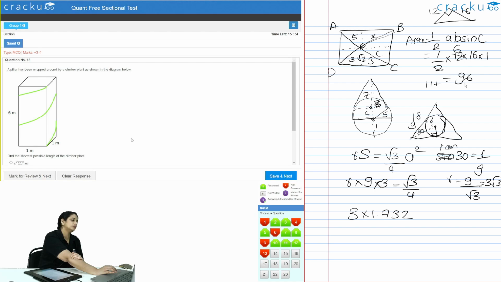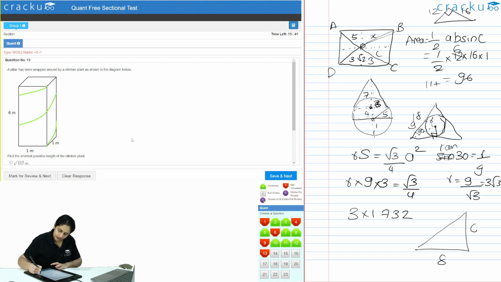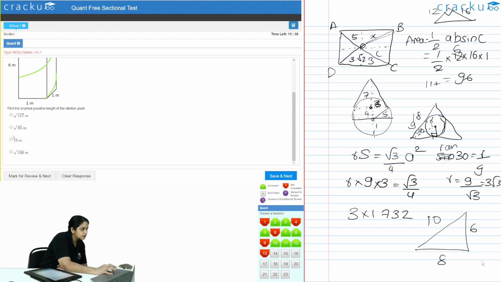If it goes around only once, then this would be 4 and height would be 6. But since it goes around twice, this is essentially like a triangle whose length is 8 and height is 6. So this has to be 10. The shortest length is 10 meters.